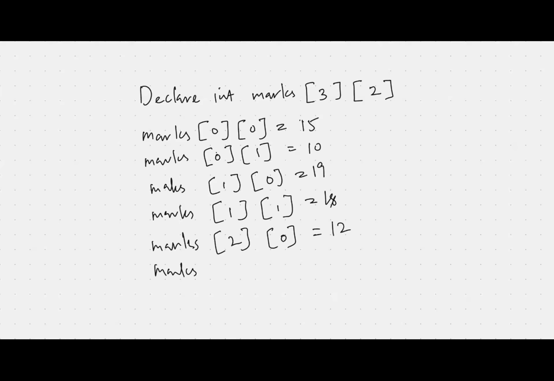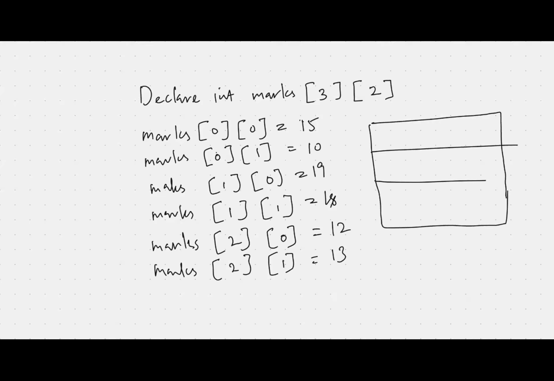So here what it means is that we have an array of 3 rows, row 0, row 1, row 2, and the columns are 2, column 0 and column 1. At position 0, 0, the intersection of 0 and 0, we have the number 15. At position 0 and 1, we have 10.